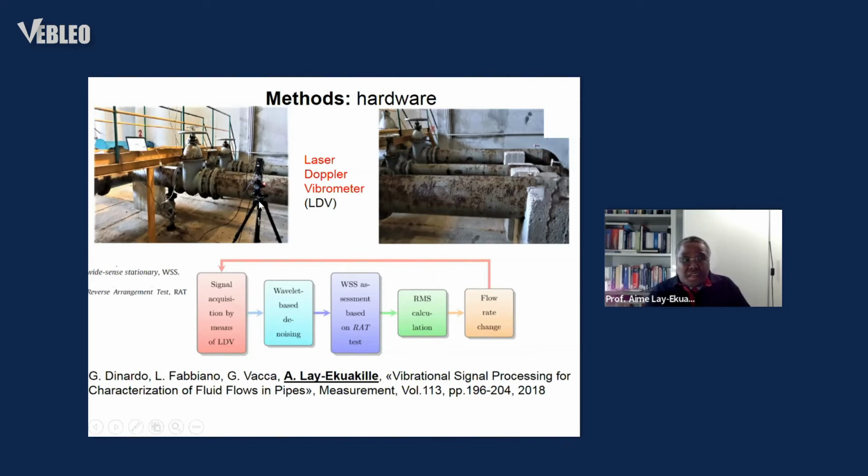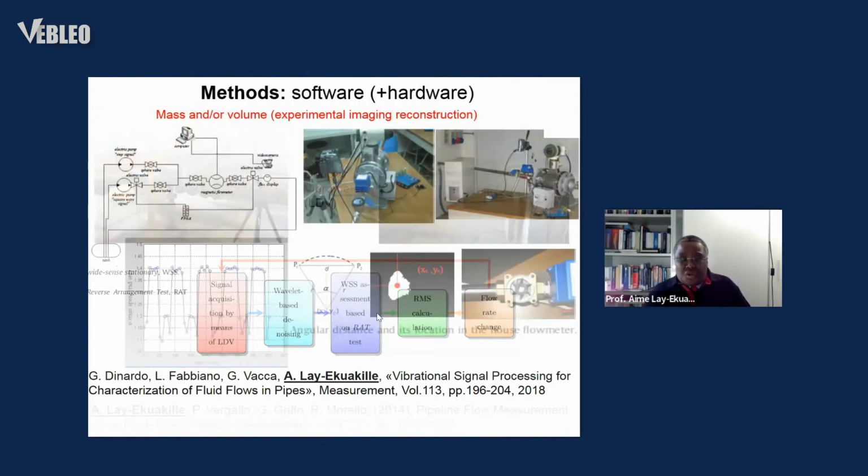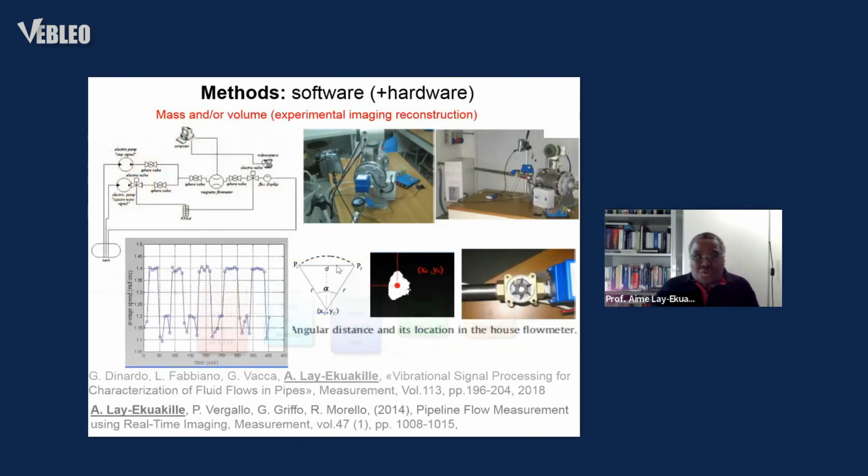In this case, we have a laser here targeting the pipe, and we can understand the variation of the pressure within the pipe and say if it's okay or not after a classification based on wavelength. So we have to remove noise from the pipeline. And this is also our work.